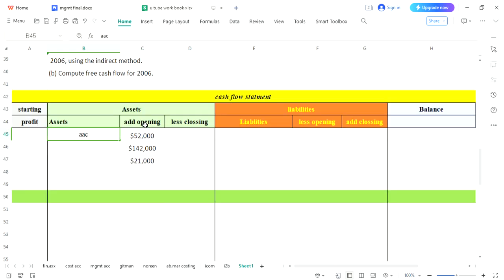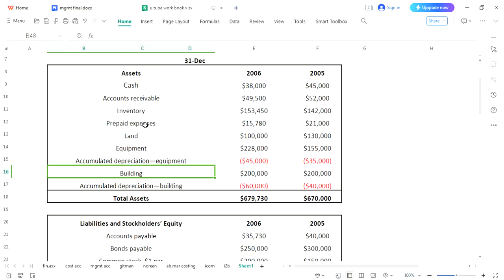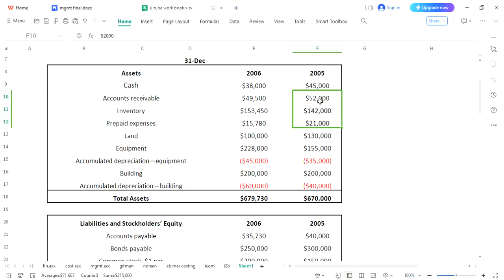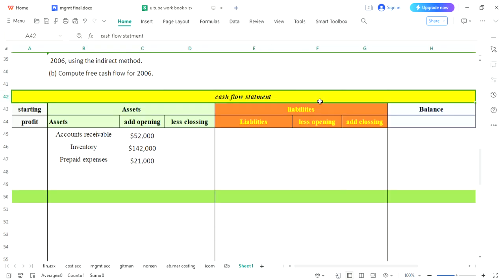So first is account receivable, then we have inventory, and then we have prepaid expenses. Please note down what I have done. This is your opening three assets. I have taken these opening assets and at the same time I have written them in the opening column.